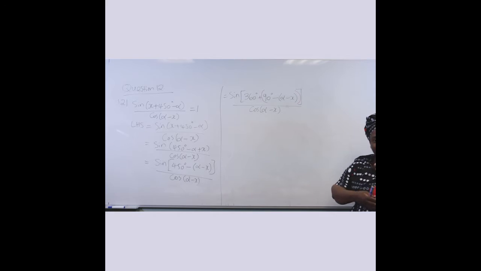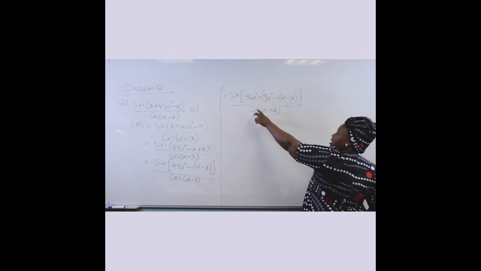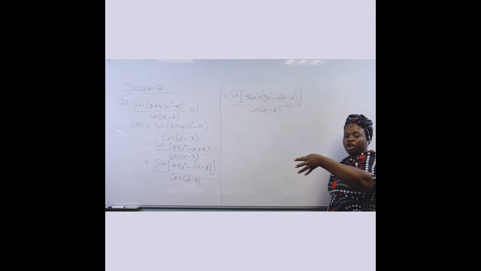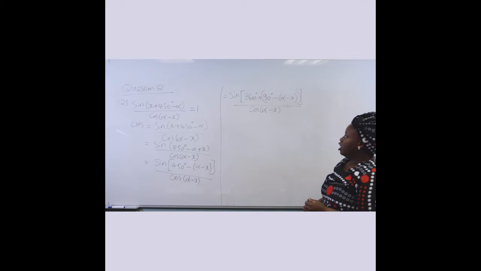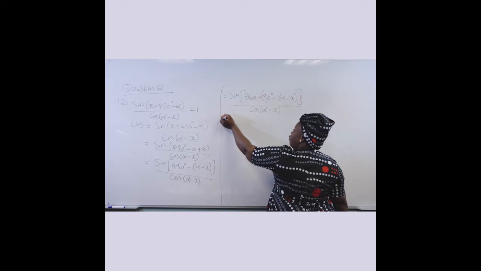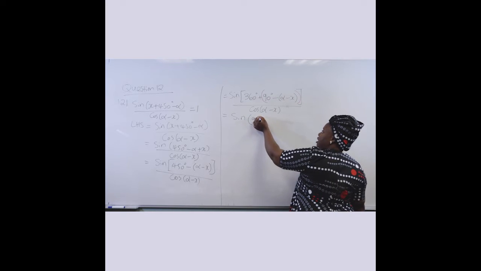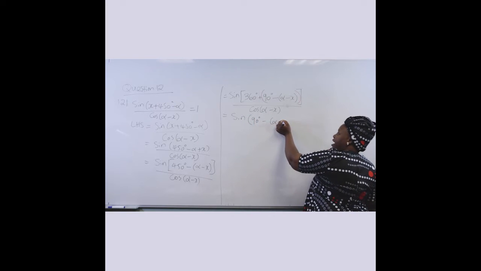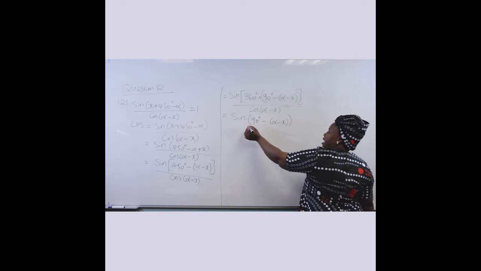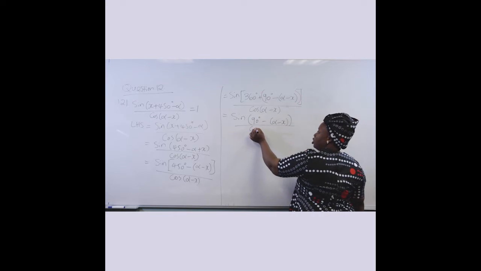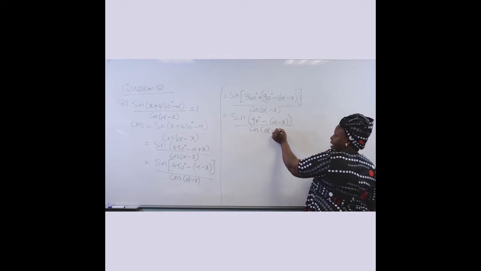So you substitute that in that manner. So 360 plus is in the first quadrant, for which all ratios are positive. So even sine is going to be positive. Therefore, we're going to write it as sine of 90 minus alpha minus x, and we divide that by cos of alpha minus x.